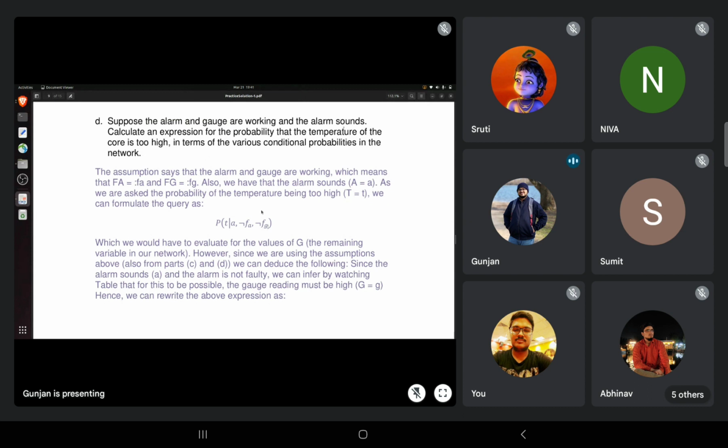And we know that the alarm has gone off, so we have A. These are the values that we know, and we want to calculate an expression for the probability that the temperature of the core is too high. So we have to generate P of T, conditioned on A, comma not FA, comma not FG. That is where we will start from, right?